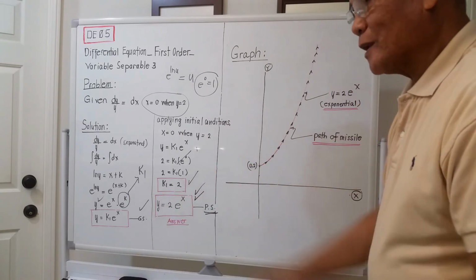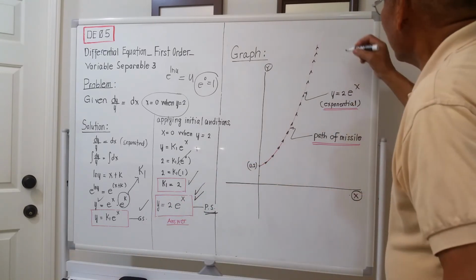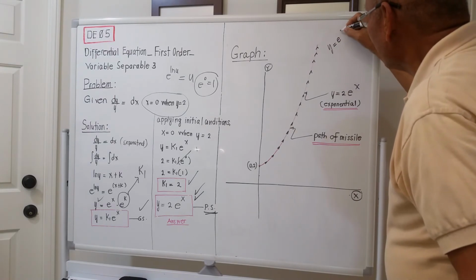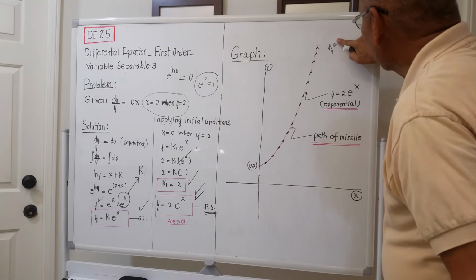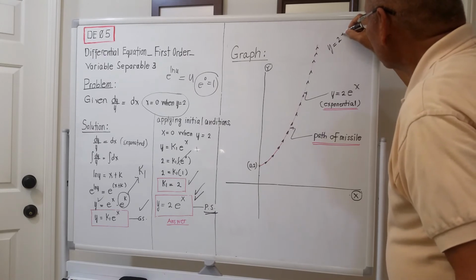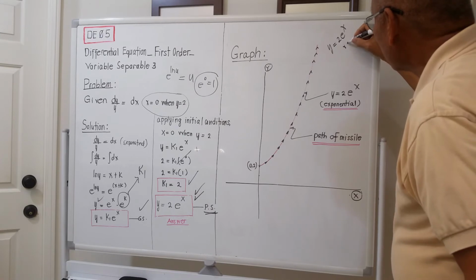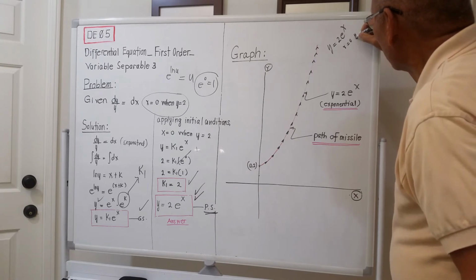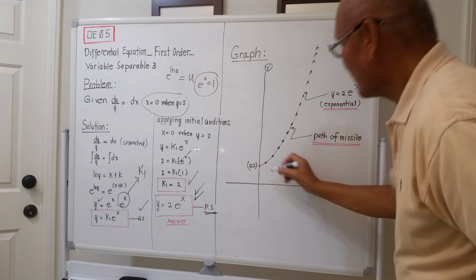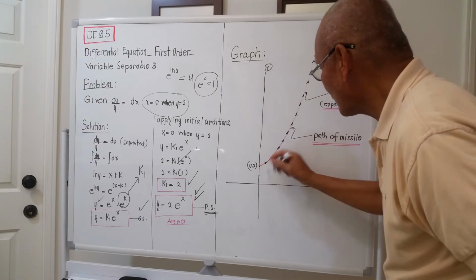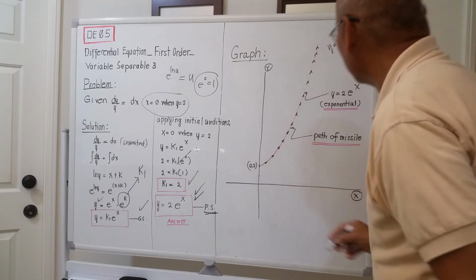Let's try to plot the graph from the equation y equal to 2 e to the x. When x equal to 0, y is equal to 2. When x is 0, y is 2. It is this point here.